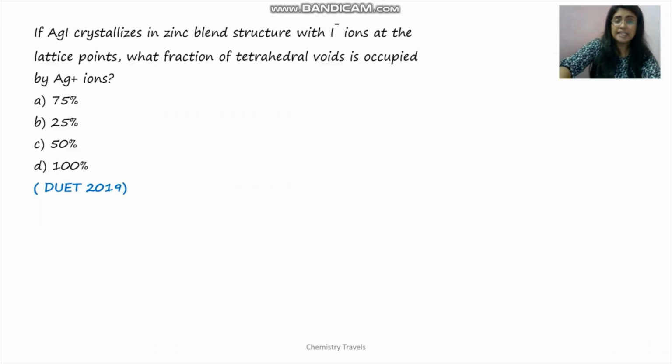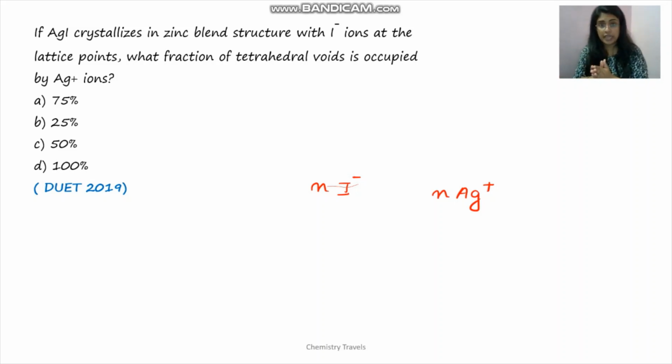Okay, let's come back to our question. Suppose we have N I- ions, there would be N Ag+ ions also, because it is AgI. And these Ag+ ions are occupying only half of the tetrahedral voids. Alternate tetrahedral voids means half of the tetrahedral voids.